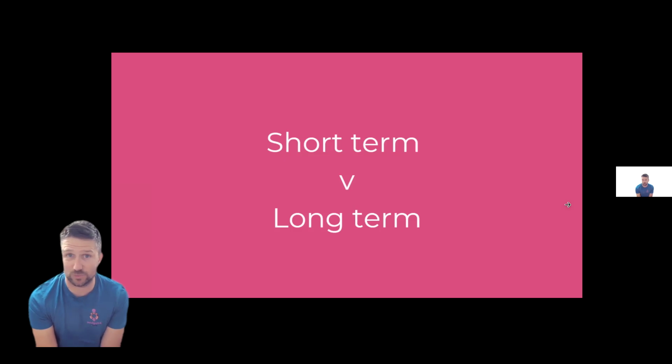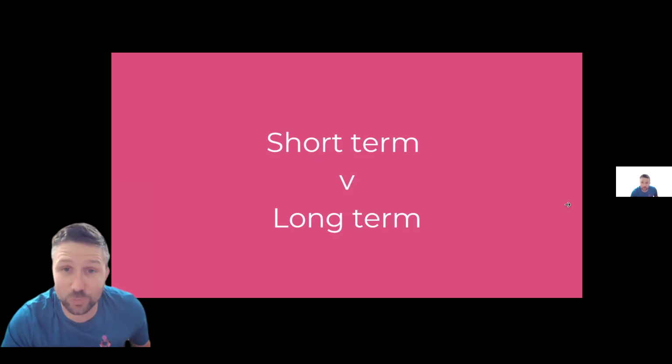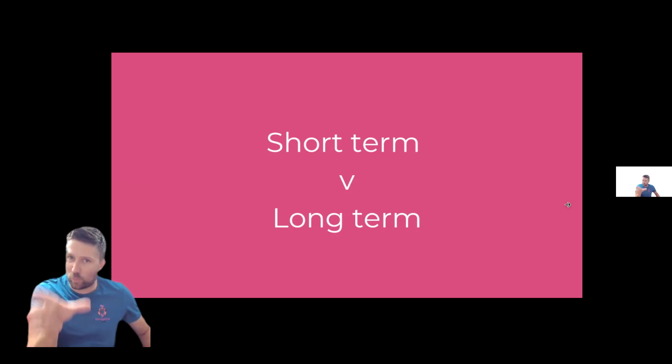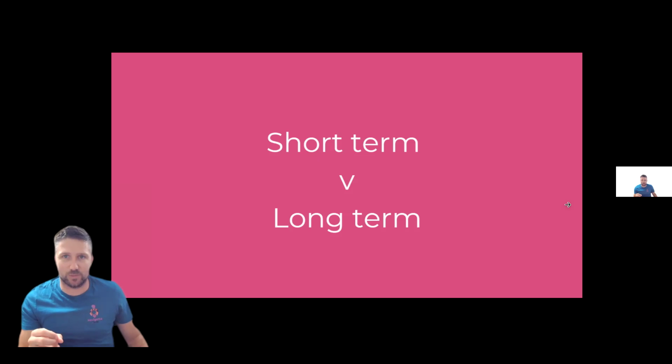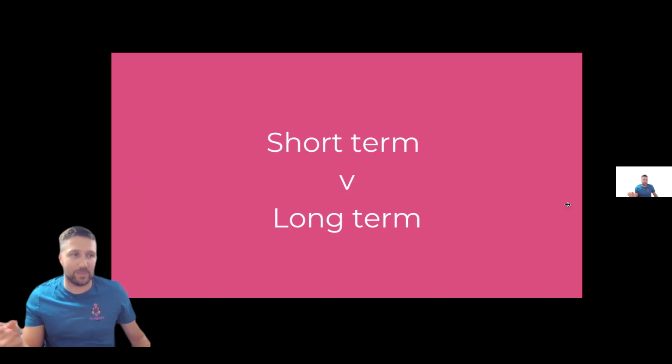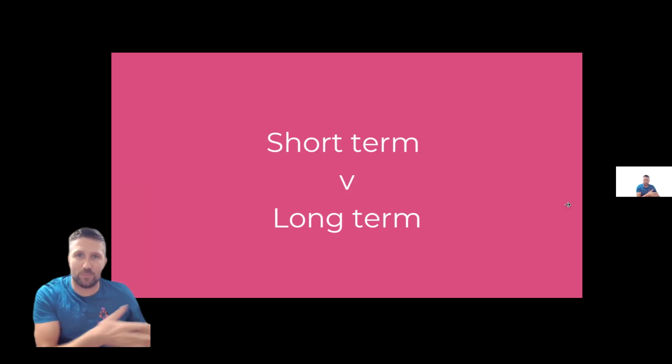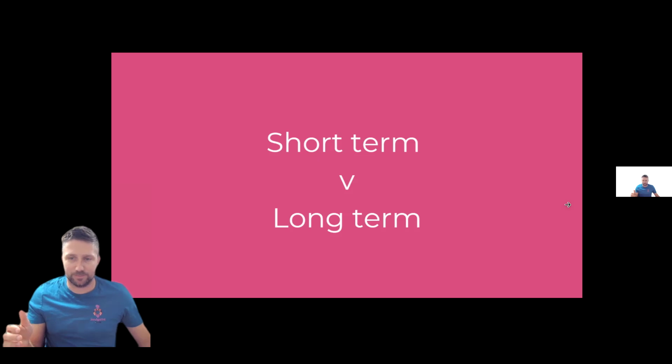Whereas if a student has a test tomorrow, we can prioritize the short term, but we still need to be aware that we're only prioritizing the short term here. For example, cramming the night before a test does work, but it's nowhere near as good as having a long-term plan for how we're going to do it better. So that's a nice little way to phrase it.